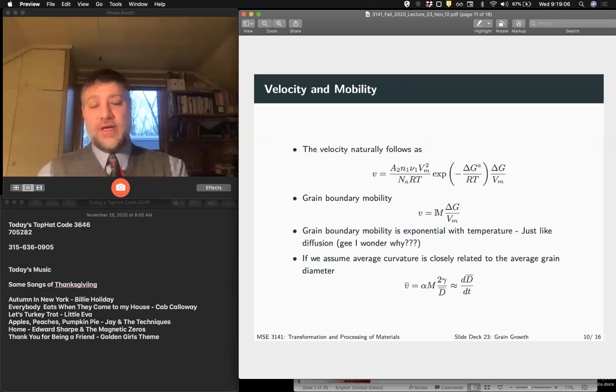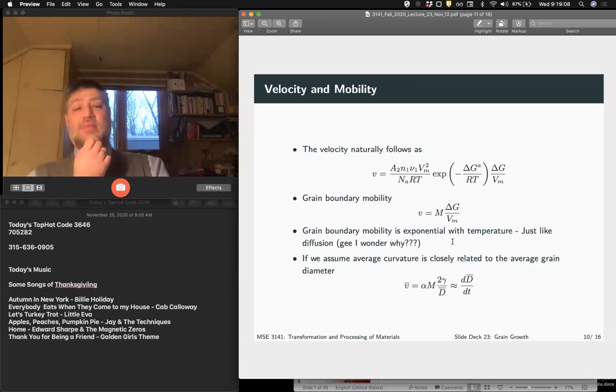And so we can combine all this stuff together. And normally what we do is we express a velocity term in terms of the grain boundary mobility times the driving force divided by the molar volume, right?